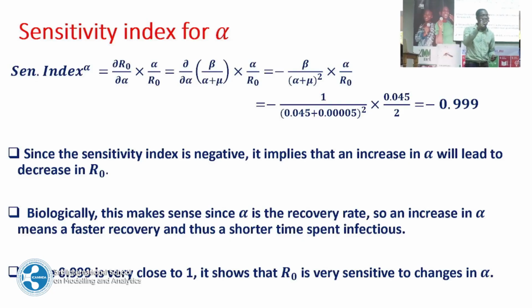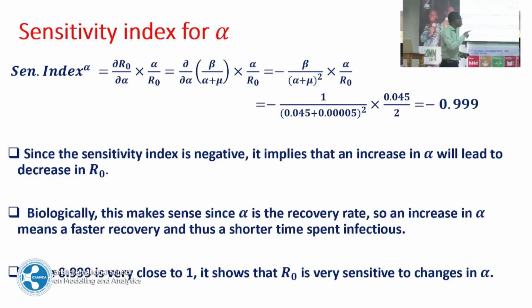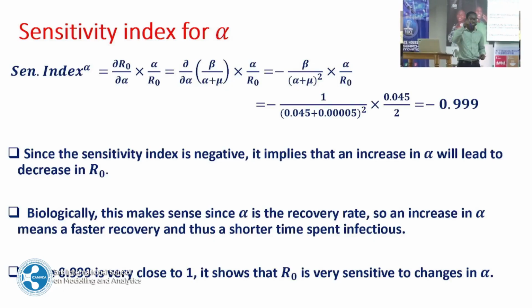What does the negative sign mean? It means that there's a negative relationship. So if there's an increase in alpha, what will happen to R naught? There will be a decrease in my R naught.